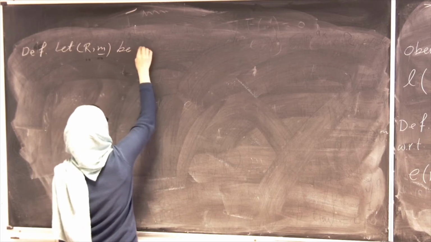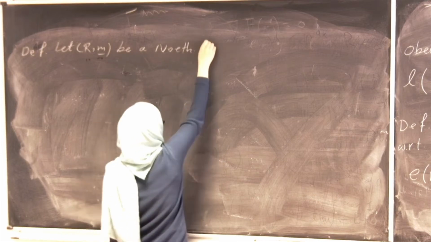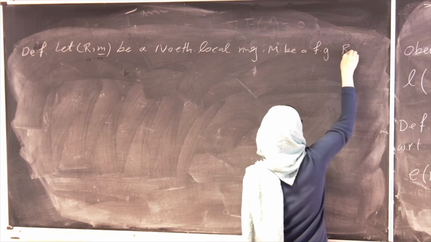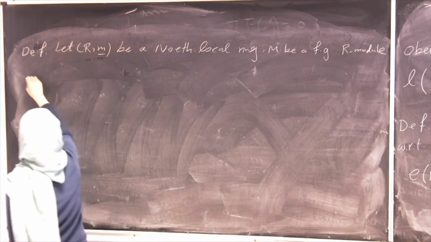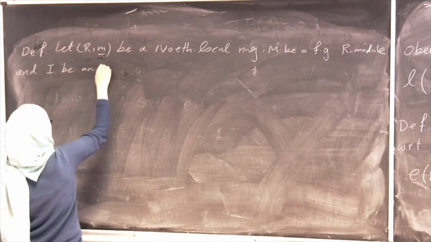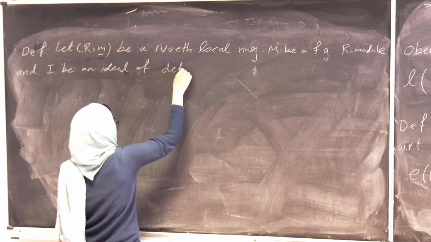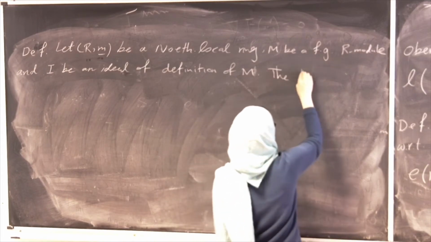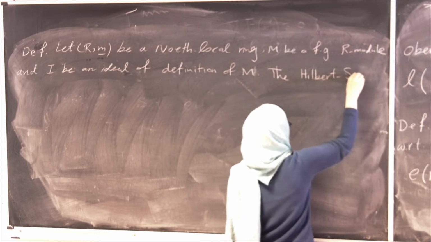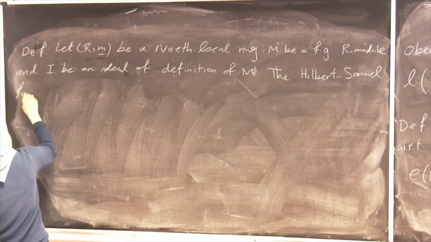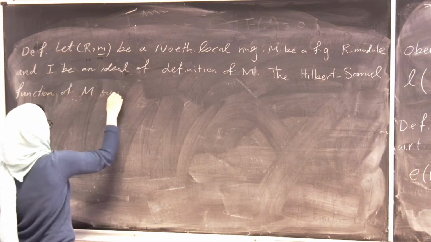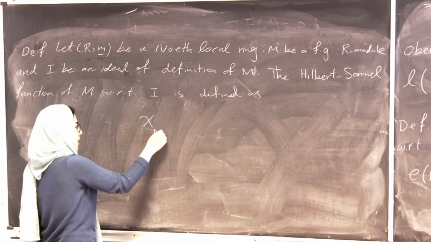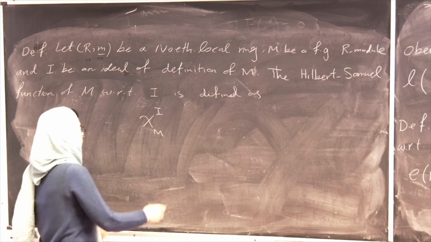So, as we had before, let R, m be a Noetherian local ring, M a finitely generated R-module, and I an ideal of definition of M. The Hilbert-Samuel function of M with respect to I, we denote it by chi sub M,I because it depends on both the module and the ideal.